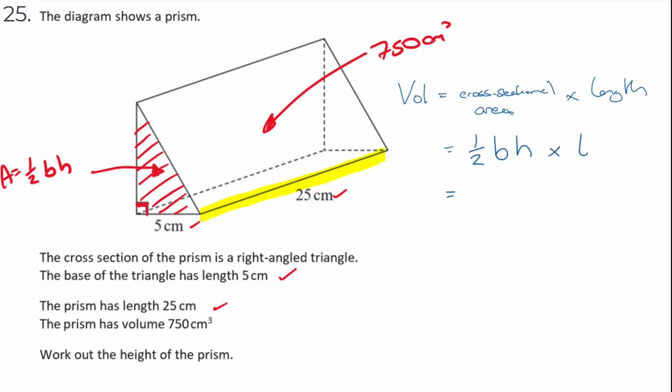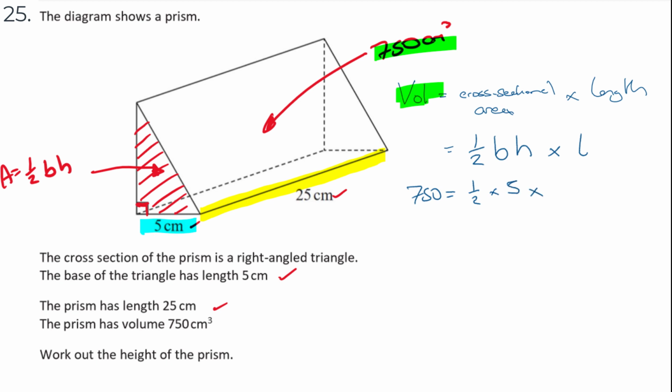Subbing in what I know, I actually know the volume. The volume is 750 centimeters cubed, so I'm going to write 750 at the front here. I know half. Now I know the base. The base is this line here, it's 5, so let's sub that in.